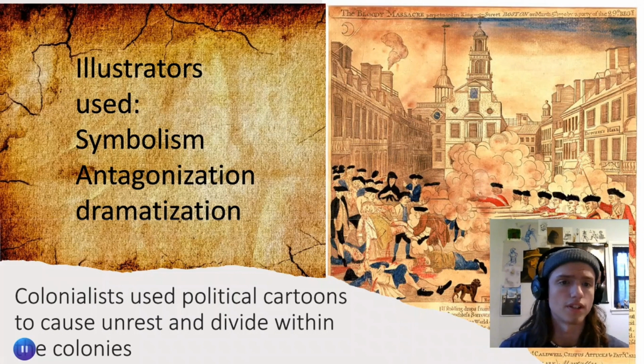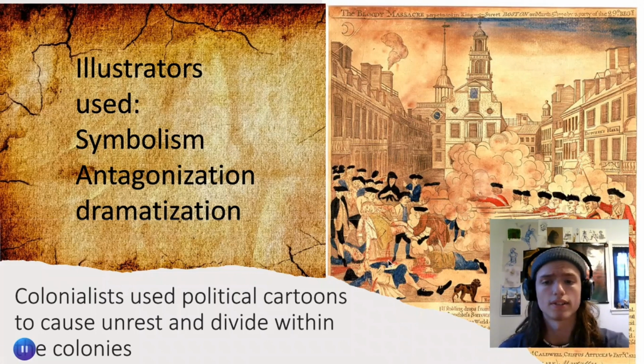As we see here, the Boston Massacre. It is quite the situation we've got going on here. So we have the vulnerable and unarmed civilians that are peacefully protesting outside, and British soldiers just open fire. This was not the case.